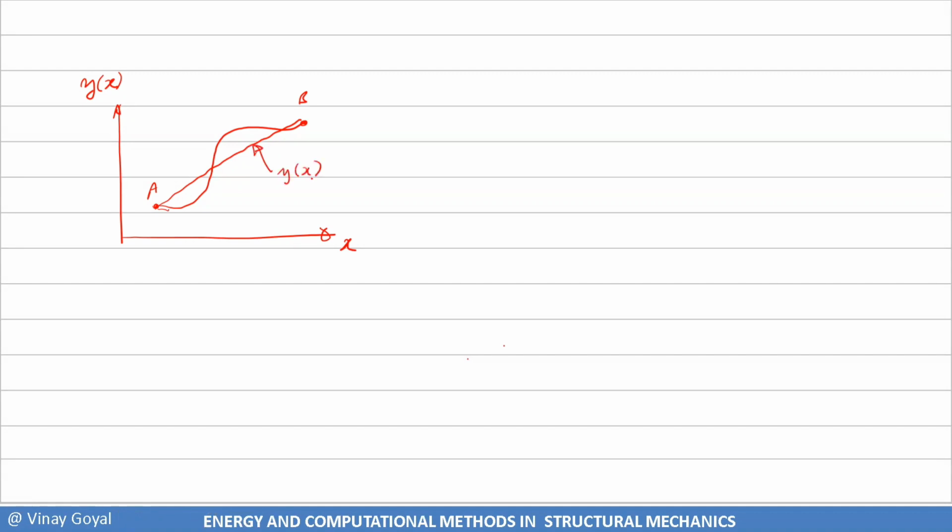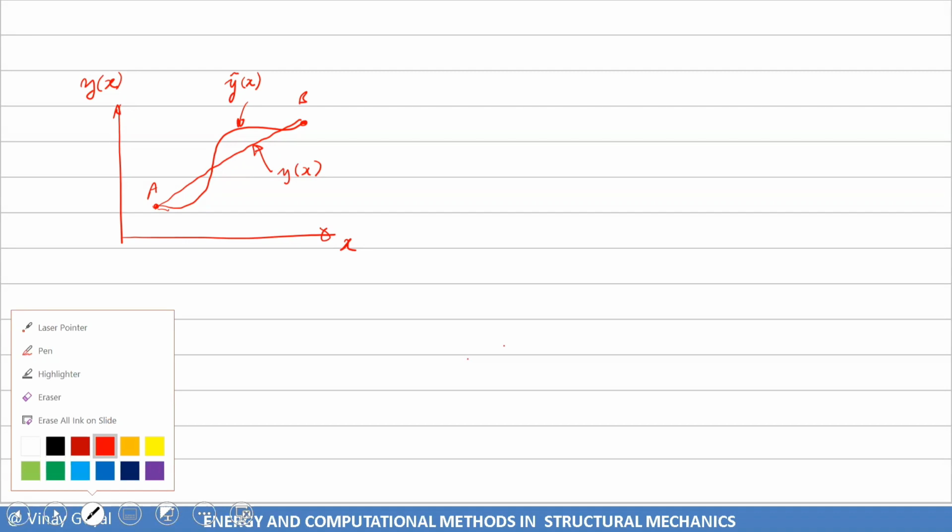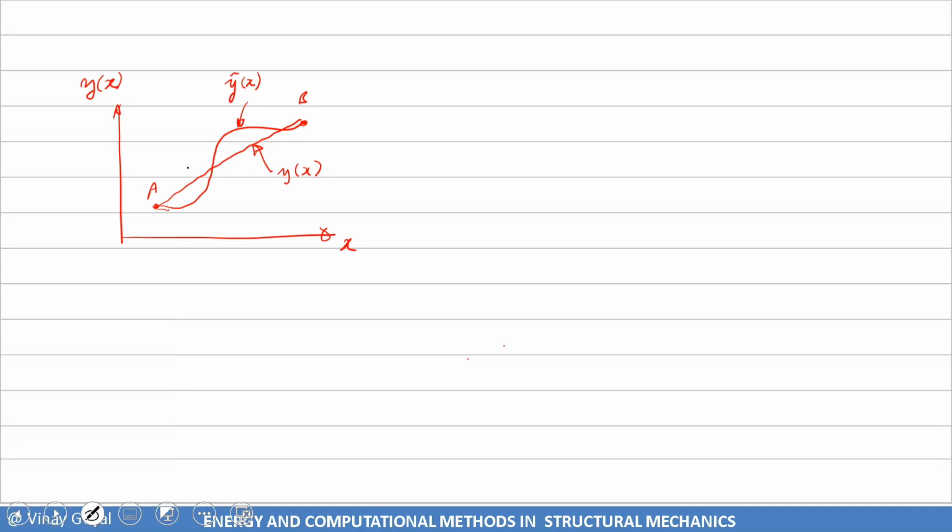So say we know what it is. What we're looking for then is examining a family of curves, ỹ of x, in the vicinity of y of x. And so what we did, we called this height here epsilon eta of x.